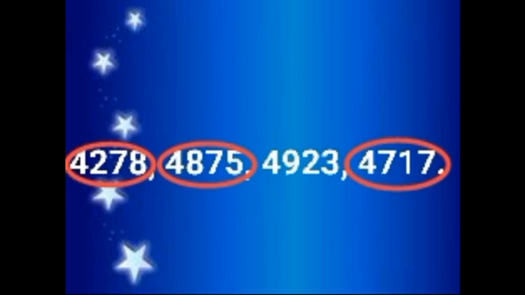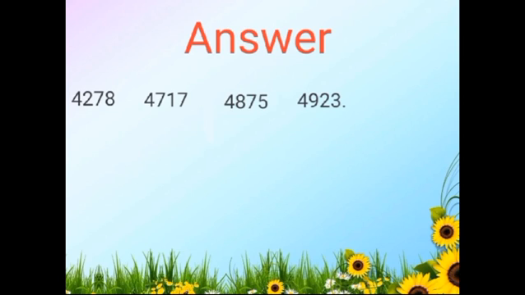And the number which is left? Yes, 4923. So, the last number is 4923. We use the symbol less than. We can read this sentence: 4278 less than 4717 less than 4875 less than 4923.